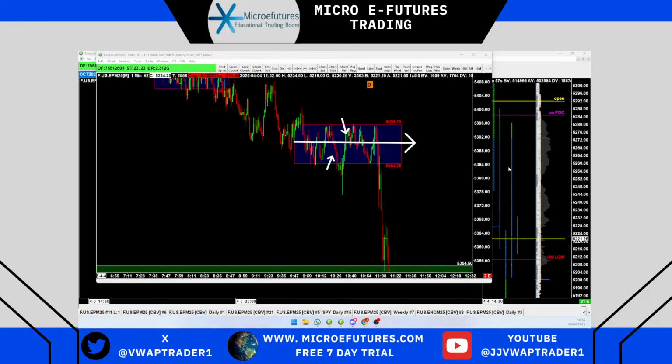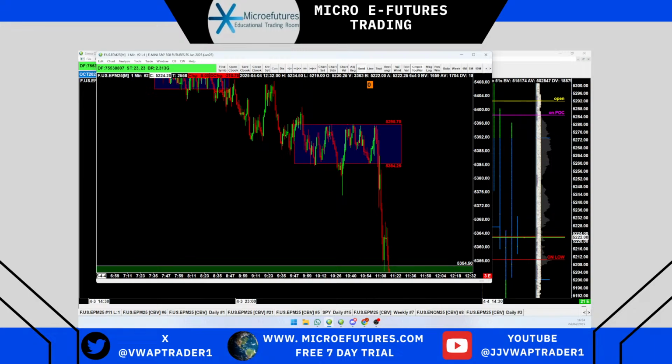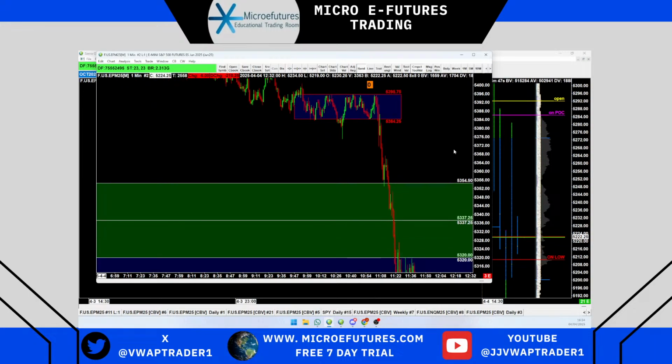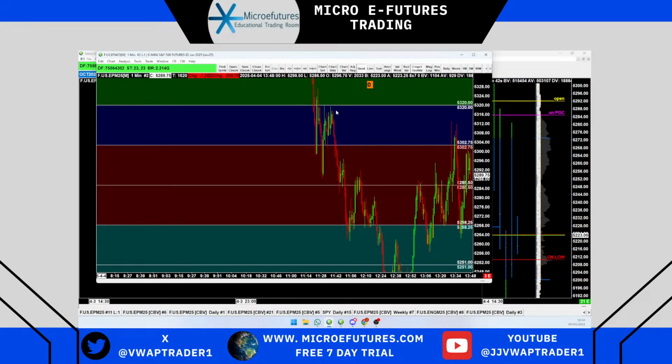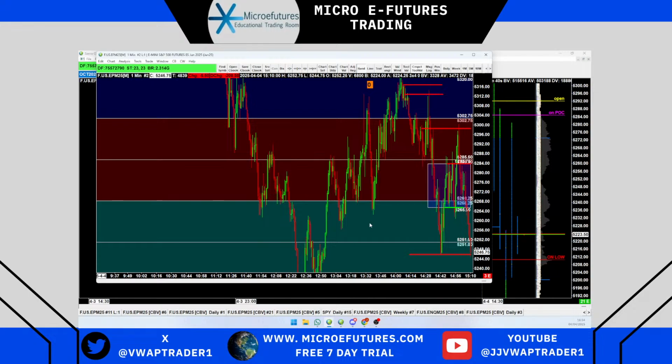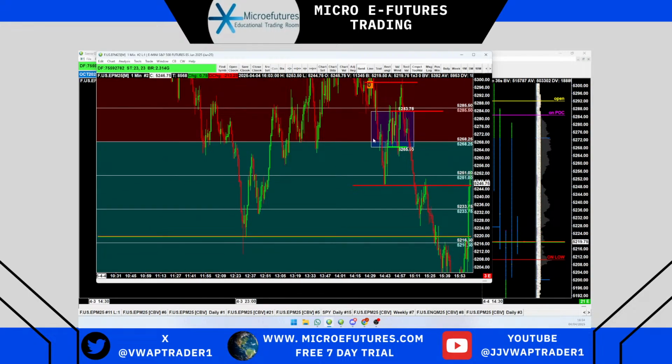And then when it breaks, when we drop, you just take that and double it. You can use accumulation balance, you can use distribution balance, whatever you prefer. So I used this balance when we fell, and then I doubled it to the downside. Here you can see we used another little balance zone just to show you how we did it.